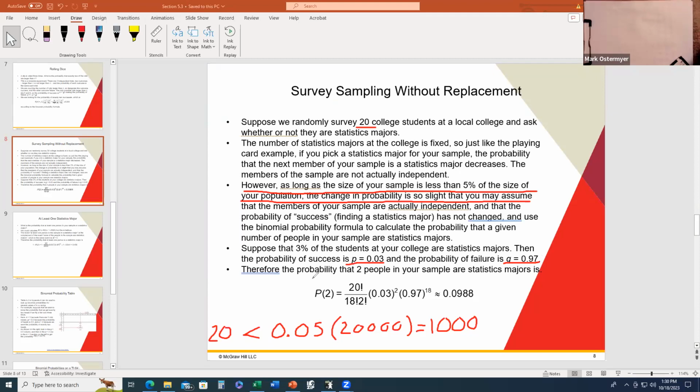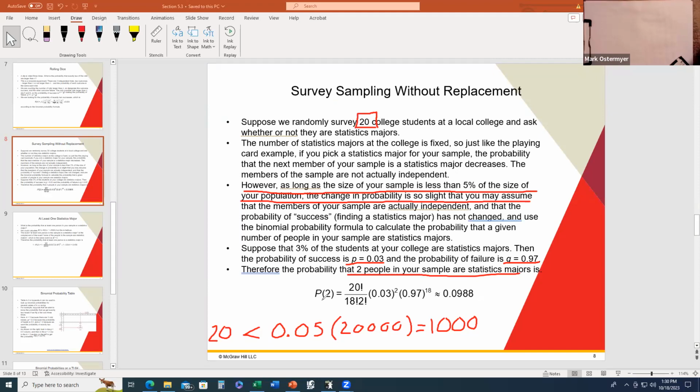Therefore, the probability that 2 people in my sample are statistics majors, in other words, the probability of having two successes, out of how many trials? There were 20 trials, do you agree? We're selecting 20 students at random from our population.